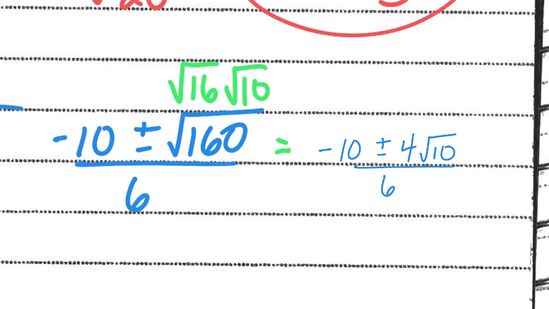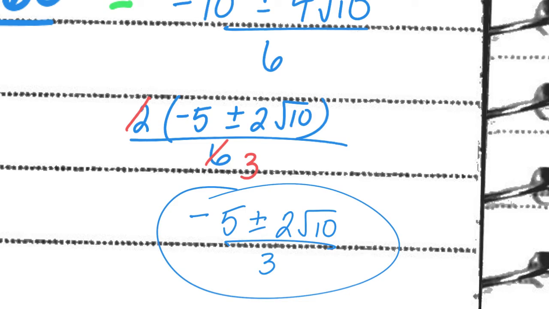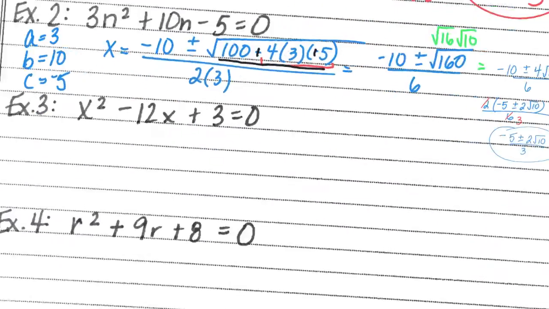Now remember, if you could reduce, we can reduce. So I'm going to take out a 2, and I have negative 5 plus or minus 2 root 10 all over 6. And then the 2 and the 6 can reduce. Our final answer, which took us a long time, is negative 5 plus or minus 2 root 10 all over 3. All right, let's keep going.